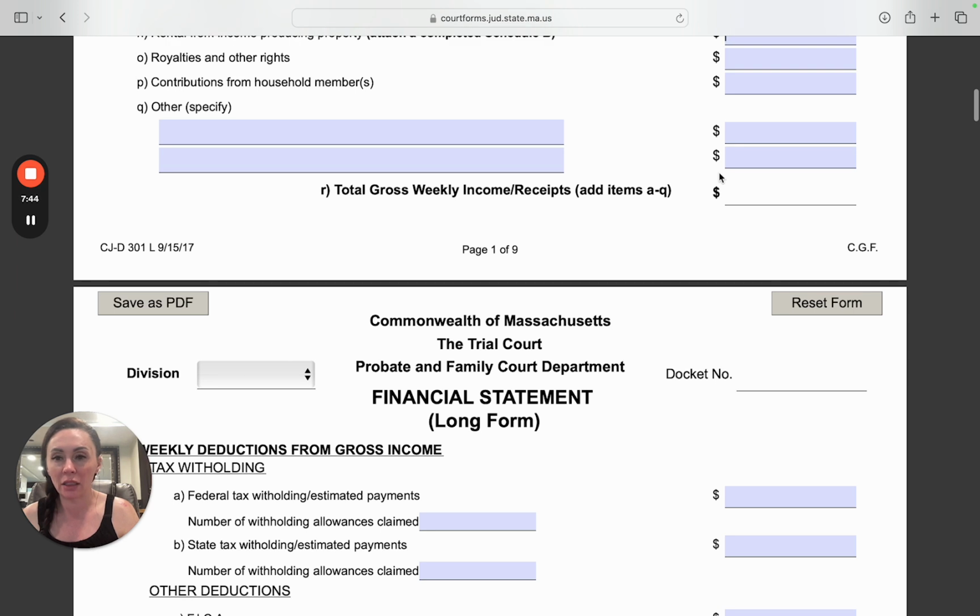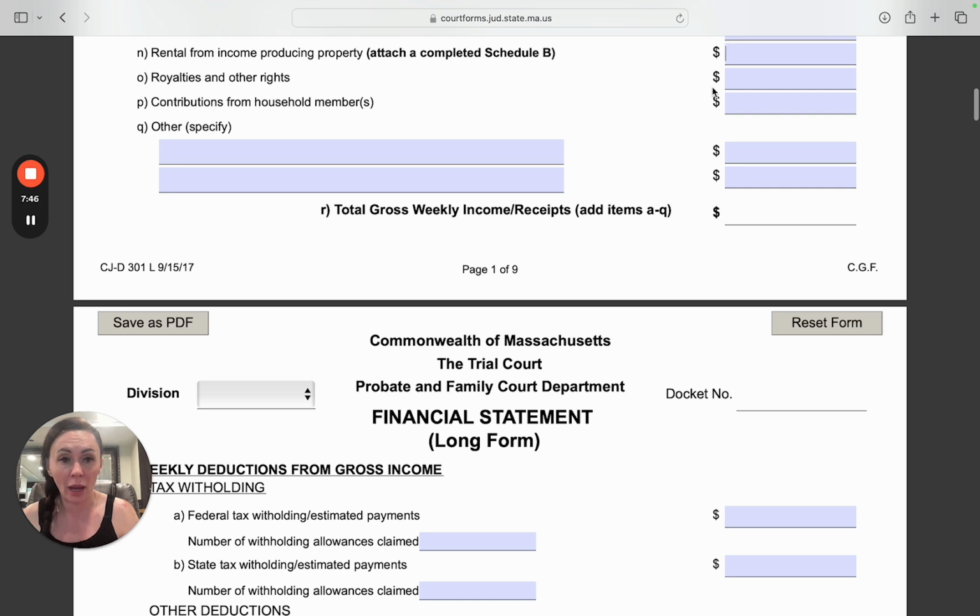Royalties, other rights. If you wrote a book or you have any kind of stream of royalty income, that gets reported. Again, weekly is the key. If you report your weekly income any other way, it's not going to make sense.